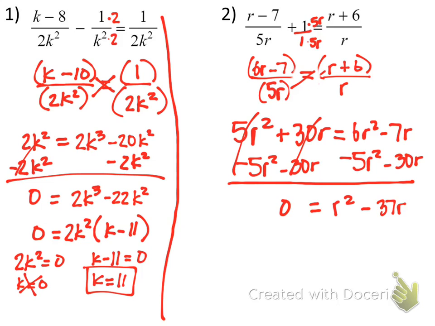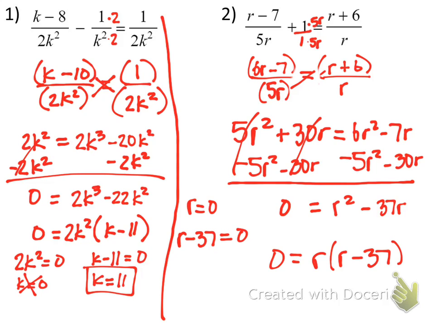Okay, I could factor out an r, so 0 is equal to r times r minus 37. Zero product property: r is equal to 0, and r minus 37 is equal to 0, so r is equal to 37.